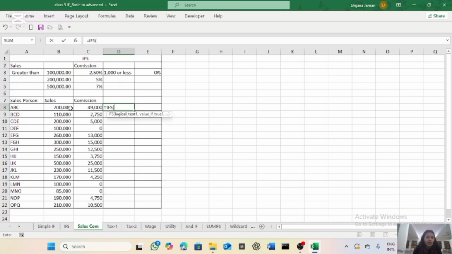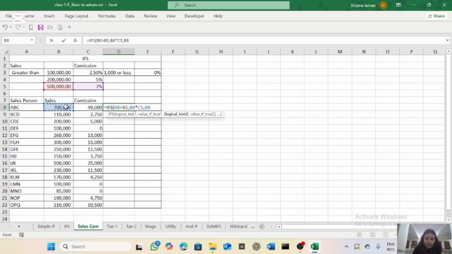That's why our logical test would be 7 lakh. If 7 lakh greater than 5 lakh, comma, he will get 7% commission. So 7 lakh into 7%, comma. We have done our first logical test, now it is our second logical test.